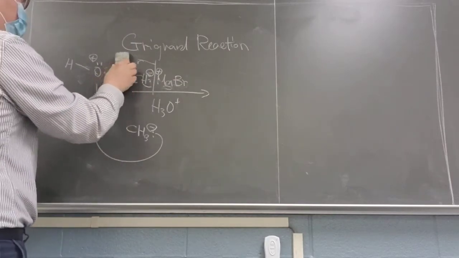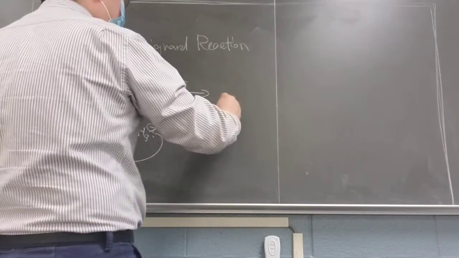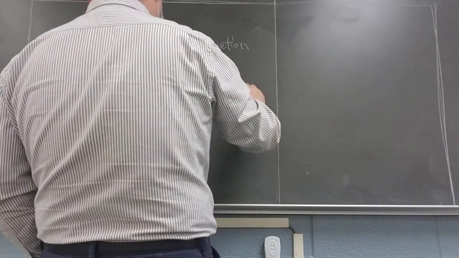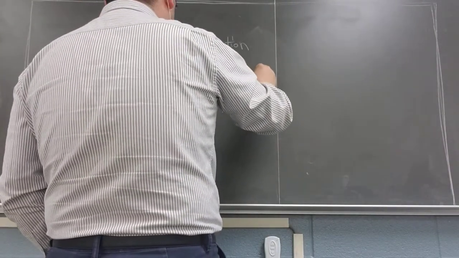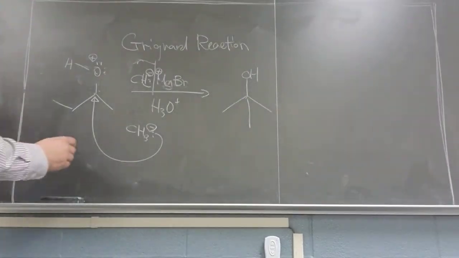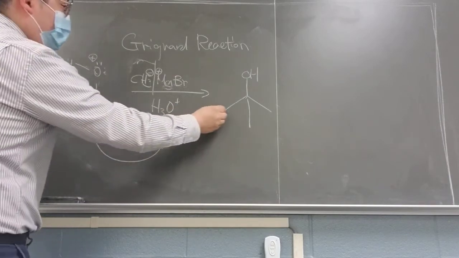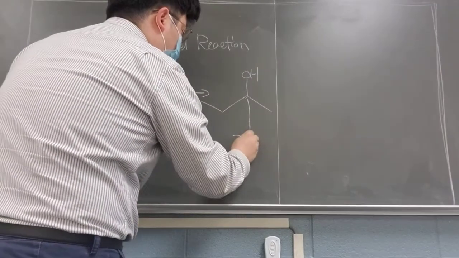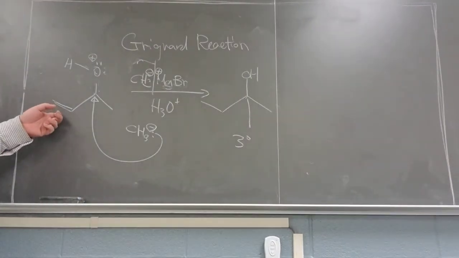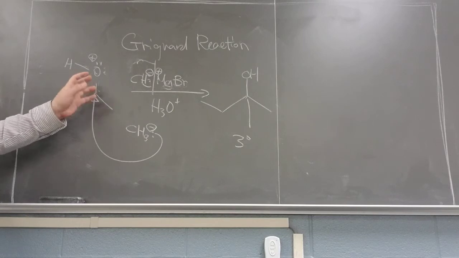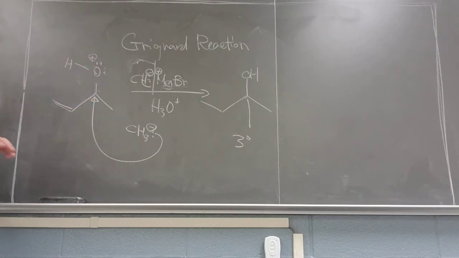So in this way, you have a tertiary alcohol over here. If you start with the ketone, you're adding that R group to a very electron poor carbon of the carbonyl group.